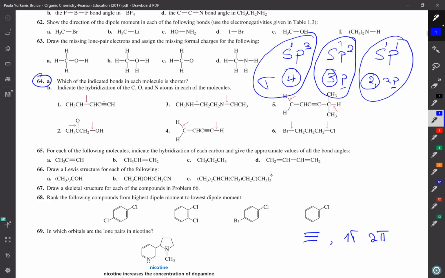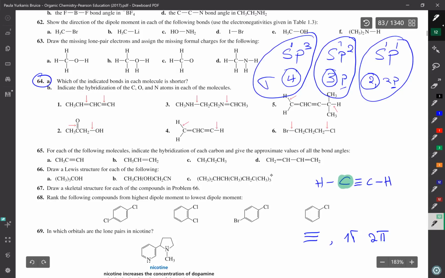But if you have a molecule like this one, for example, and we want to determine the hybridization of the highlighted carbon, the first question we need to ask ourselves is, how many total sigma bonds surround this green carbon?